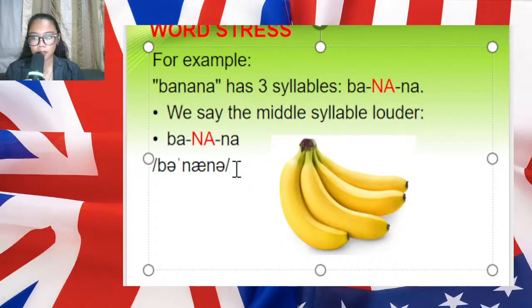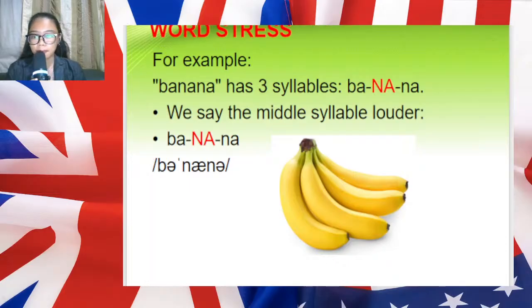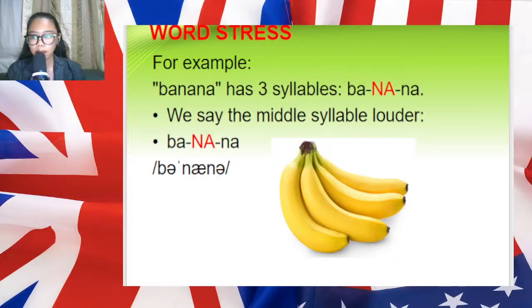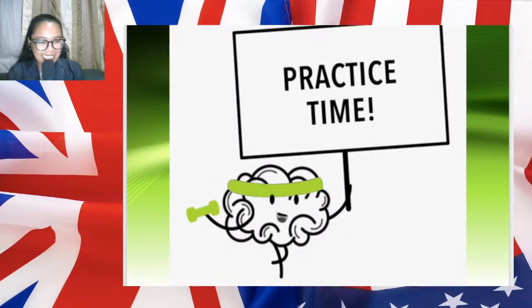And as you've noticed, there's this slanted bracket here, because that's how the IPA transcription should be written. It should always be inside two slanted brackets. Okay. All right. Anyway, let's move on with some practice time.